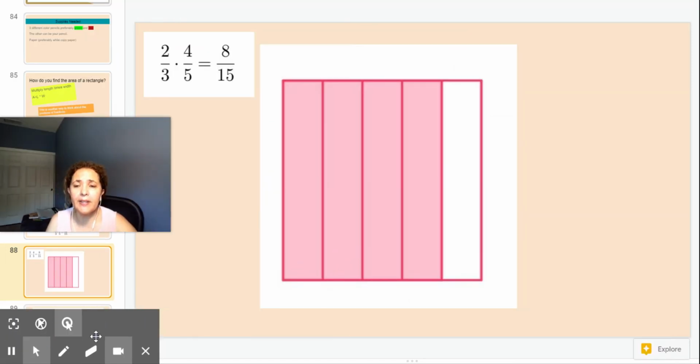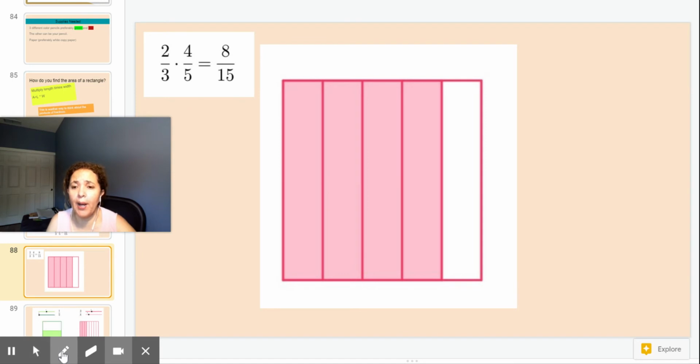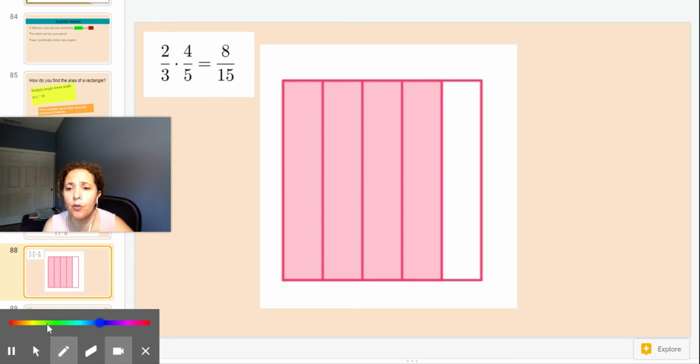So basically, how you do this, you start off by doing one of them. And here's the 4/5. So I did the 4/5 ahead of time. I drew a rectangle and I divided it up into 5 equal parts and I shaded 4 equal parts. Now, my other fraction says I have 2/3, right?